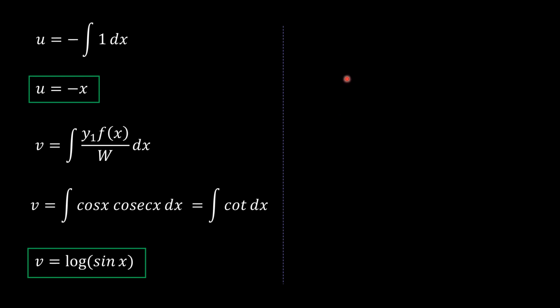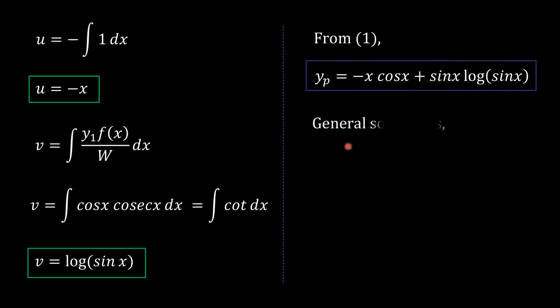Hence, from expression 1, yp is equal to, now replace the value of u, which is minus x, y1 is cos x, plus v, which is log of sin x, and y2 is sin x. Hence our yp is minus x into cos x plus sin x into log of sin x.